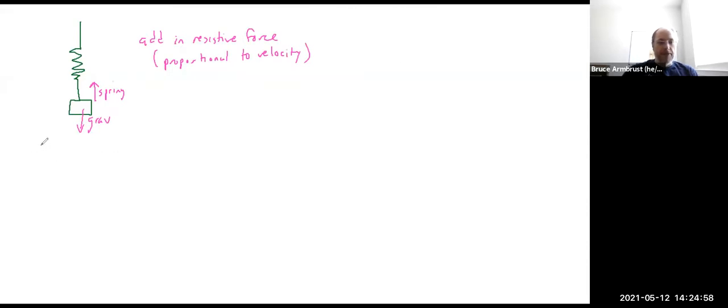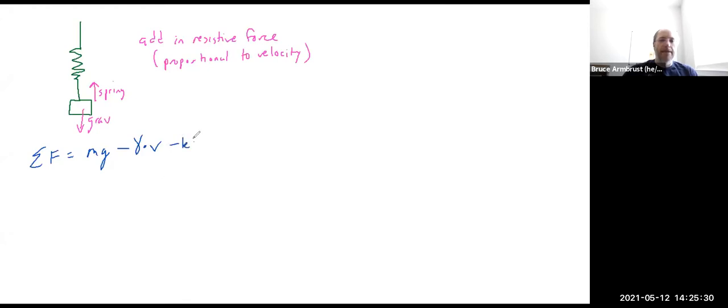But here's basically how this is going to work. We're going to have our sum of forces. It's going to equal gravity, so mg, minus some sort of force that's proportional to velocity. That's going to be our drag.